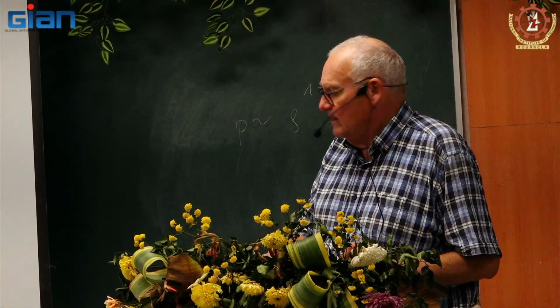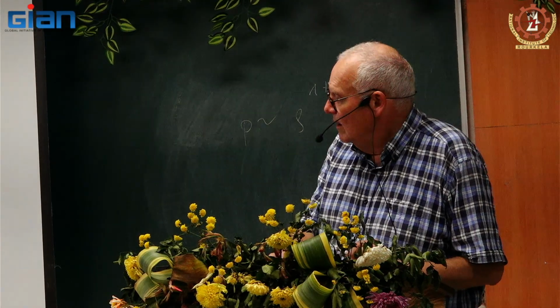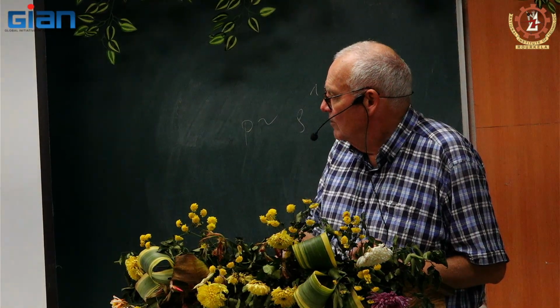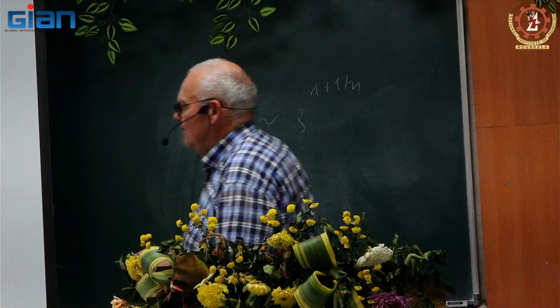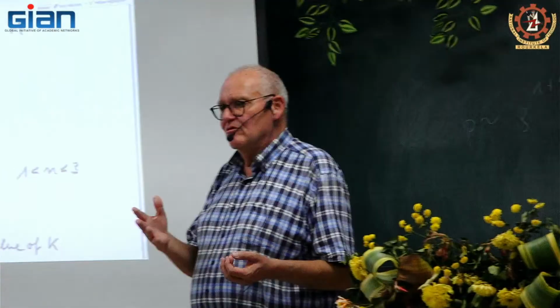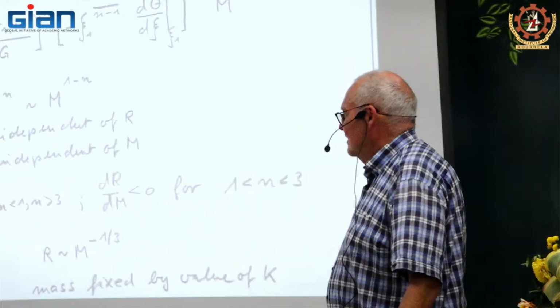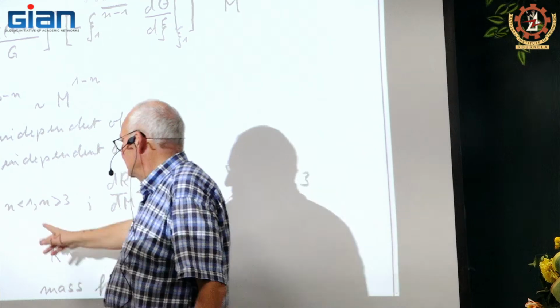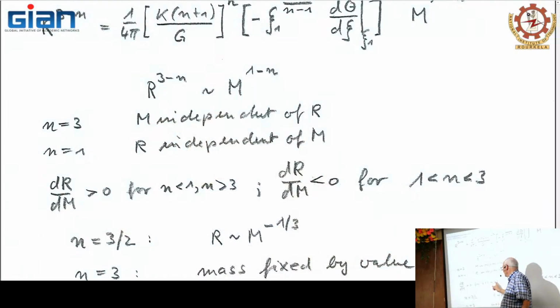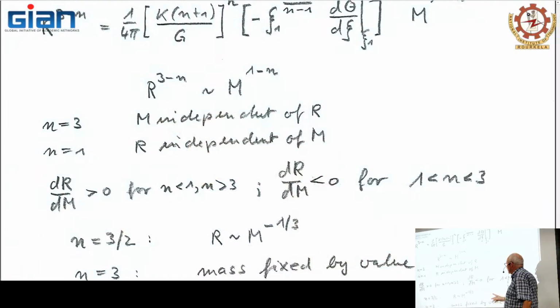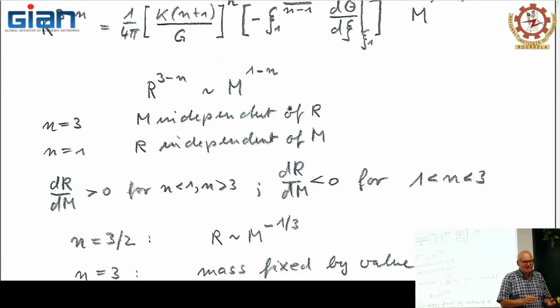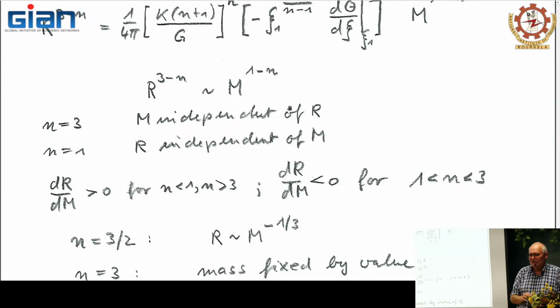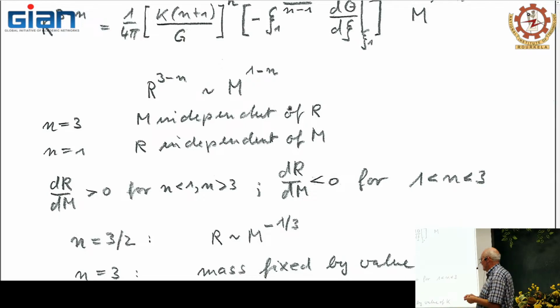Moreover, what we can see then is that dR/dM is bigger than 0, so the radius increases with mass, if the polytropic index is smaller than 1 or bigger than 3, and once it lies between 1 and 3, then the radius decreases with mass, and this is typical for degenerate stars, in particular for white dwarfs.